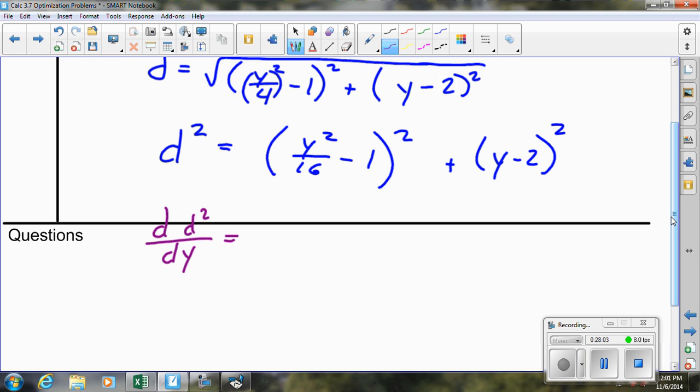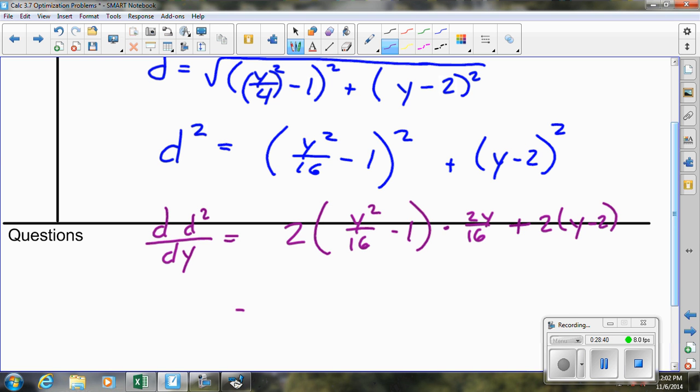Well, what's our derivative over on the right? 2 times (y squared over 16 minus 1) multiplied using the chain rule. This would be 2y over 16, which of course is just going to be y over 8, plus (y minus 2) times the derivative of the inside, which is just 1, so we won't write that.